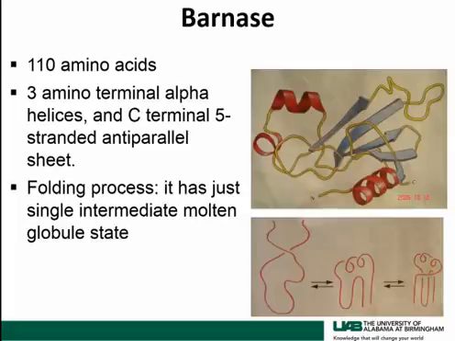One of the examples is RNase, bacterial RNase, and that has 110 amino acids. It has a number of helices right here, a number of loops right here, and we're going to study what these structures are. And it has a number of beta sheets right here. All make up the three-dimensional structure.